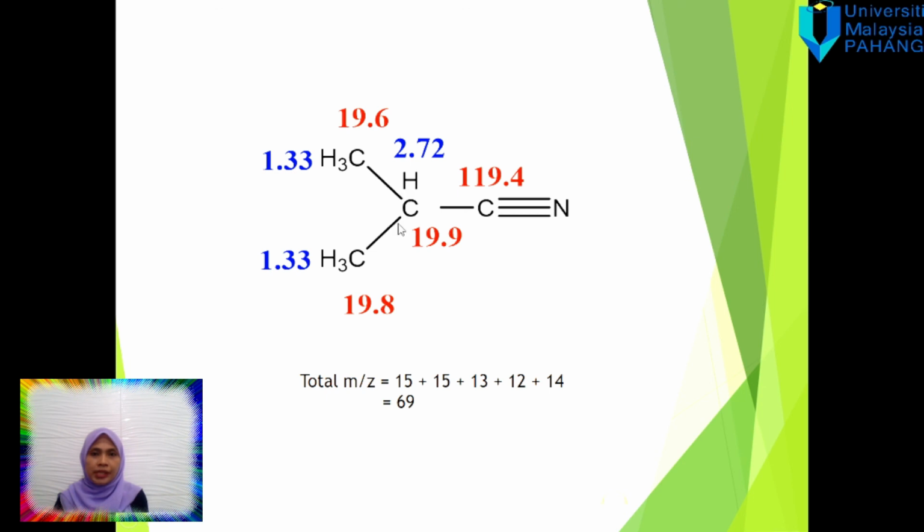This one is a septet because 3 plus 3 is 6, so this signal is 2.72. Recheck with your table and reconfirm with the mass: the total mass is 69, so the structure is confirmed to be this one. That's all for the 2 examples. We will continue with the next example later.